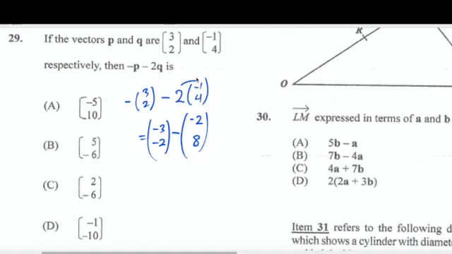So I basically multiplied the 2 without thinking about the minus sign. So now I could think about the minus sign. So there's -3, -2. -3 minus -2 is -3 plus 2, and that is -1. And then I have -2 minus 8, so -2 minus 8 is -10. So look, we have D.